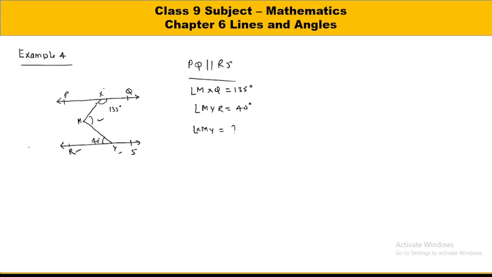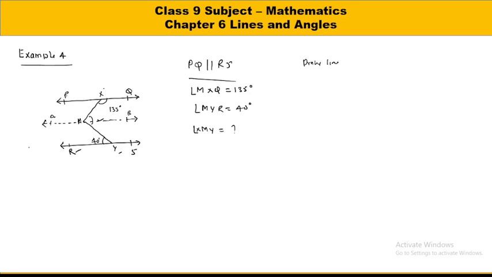So we need to draw a line, that is a construction we need to perform. So here a line AB we draw, line AB passing through point M. So we have drawn this line AB. So we will write down the construction.